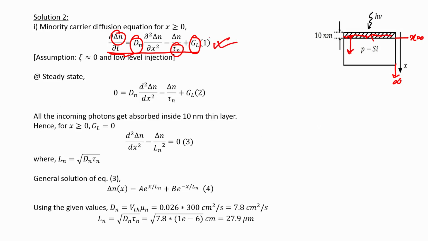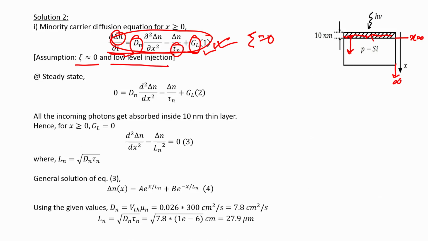So why we have considered this, because our electric field equal to 0, and if you recall the continuity equation, in case of electric field equal to 0 we can reduce the equation to only the diffusion term. So that is why this minority carrier diffusion equation looks like this. So assumption is electric field equal to 0, and another assumption is low level injection. Under these two assumptions the minority carrier diffusion equation can be reduced to this.